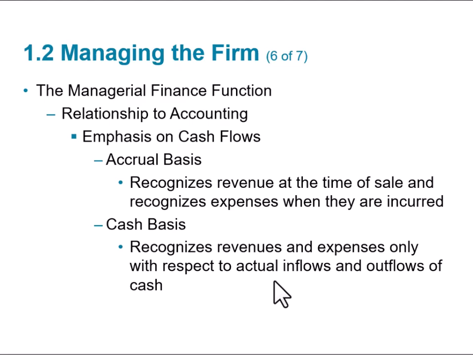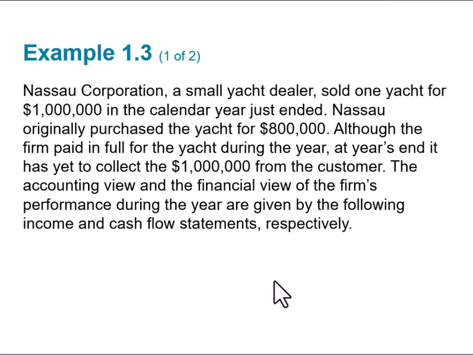So most businesses are going to deal with the accrual basis of accounting because they recognize things when they occur. What this does is cause a difference between the accrual basis, which is the standard accounting, and cash basis. So we want to understand, if you remember, we're only interested in measuring and thinking about cash rather than profits.